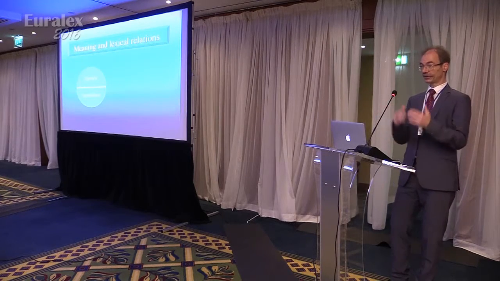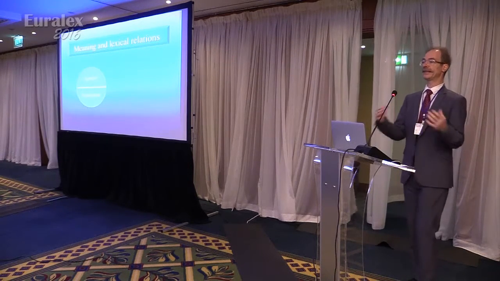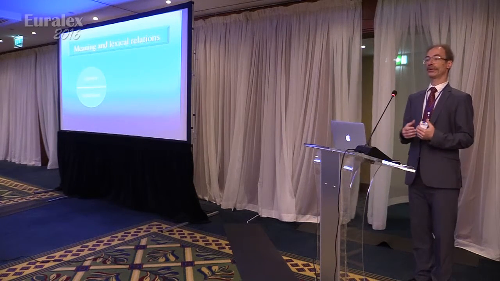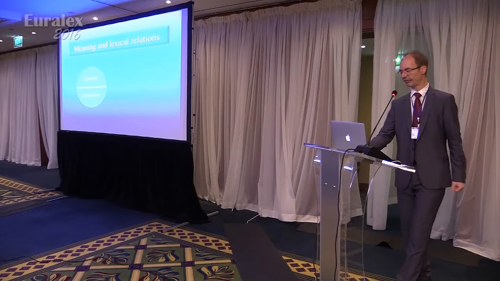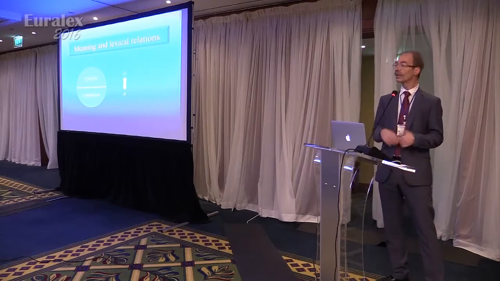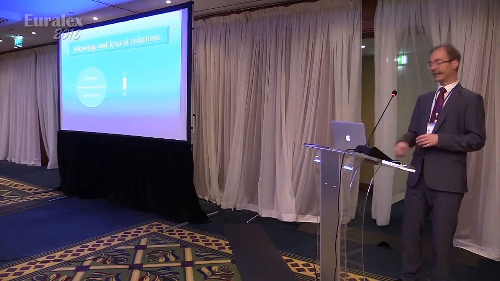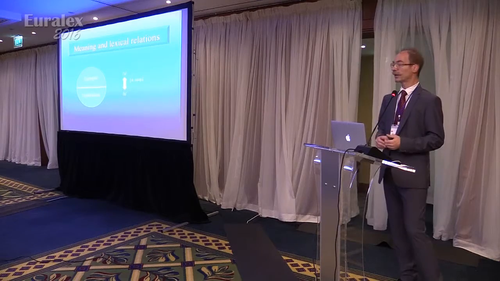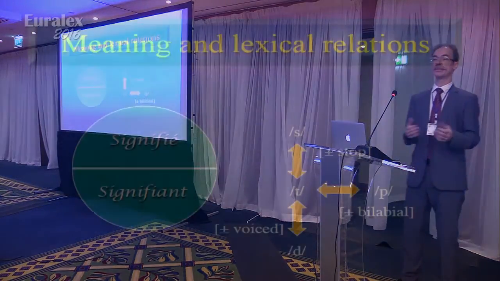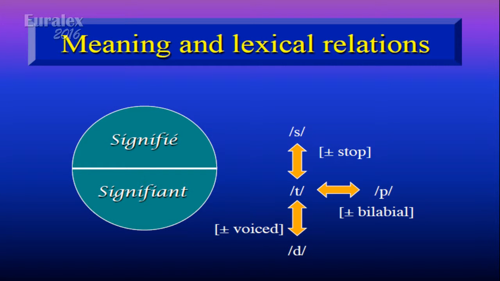When we try to analyze this, we end up for the form with phonemes. And phonemes are in neat contrastive pairs, so we can say that T, for instance, is contrasted to the S as being plus or minus stop, and to the P as being plus or minus bilabial, and to the D as being plus or minus voiced. For phonemes, this is a very productive approach.